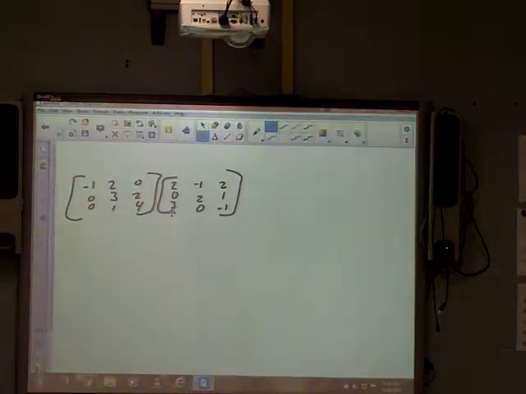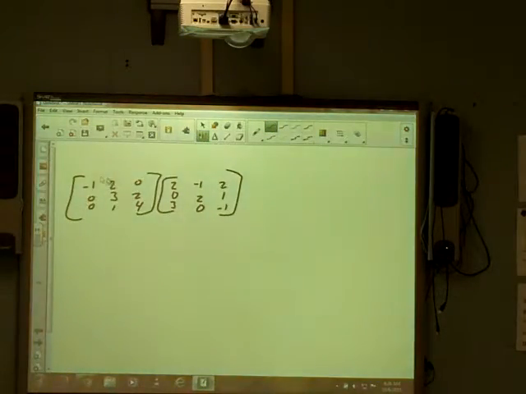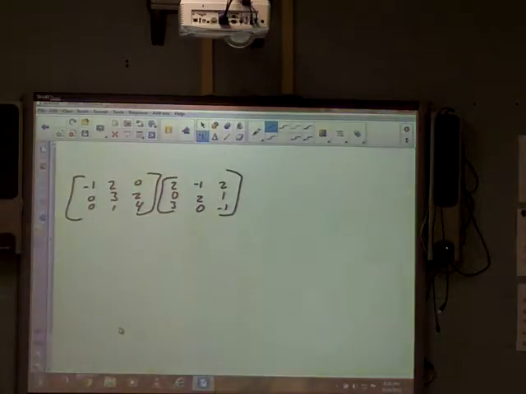I'm not fixing to do this, but just so you know the process, I'd have to have negative 1 times 2, plus 2 times 0, plus 0 times 3. That would all be in my top left, right? Then I'd have to go 2 times negative 1, 2 times 2, and do that for that whole deal there.